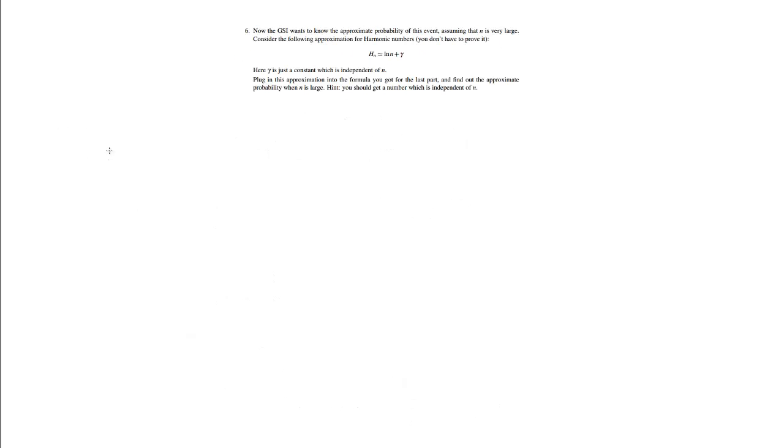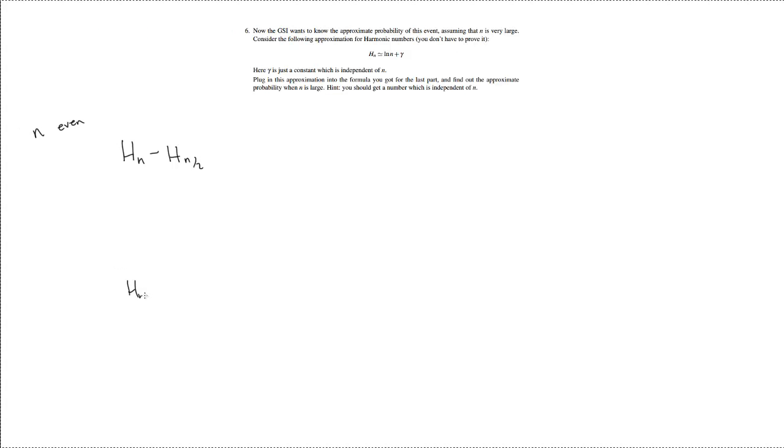So in the previous part, we got the expressions Hn minus H(n over 2) for n even, and Hn minus H(floor of n over 2) for n odd. So plugging in the approximation, H(n) is approximately ln of n plus gamma.